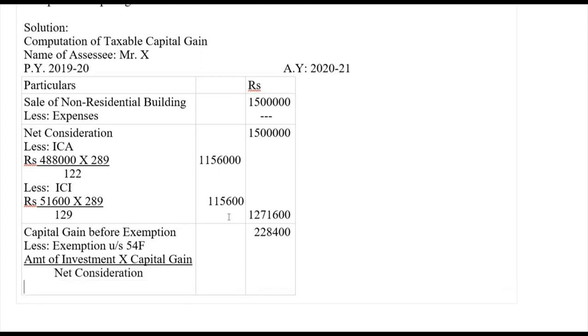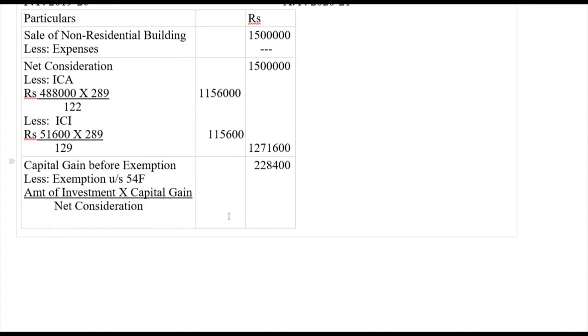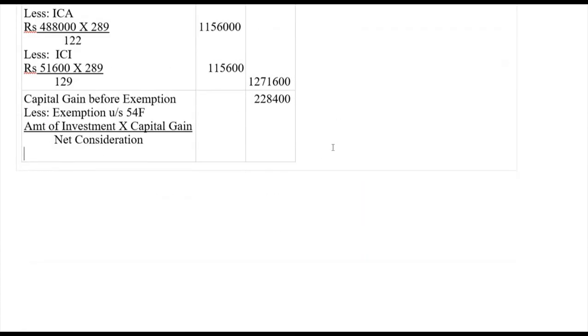From the above, the amount of investment made is rupees 10 lakhs, multiplied by the capital gain available, rupees 2,28,400, divided by the net consideration, rupees 15 lakhs.